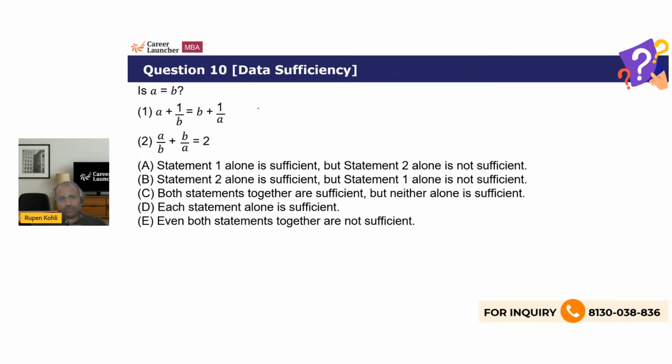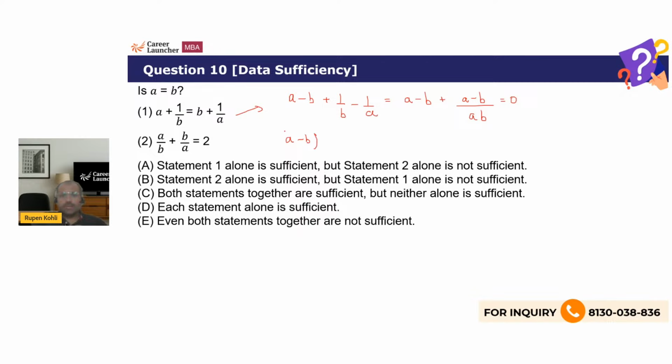So with the first statement, if we carefully work it around and simplify it, what we'll get is A minus B plus 1 over B minus 1 over A is 0. So this is A minus B plus, taking the LCM, AB, and then A minus B upon AB is 0. We can take A minus B common.